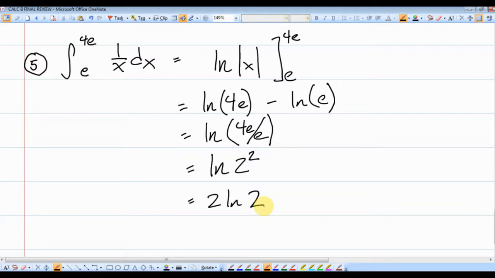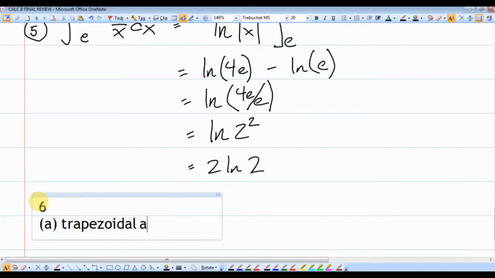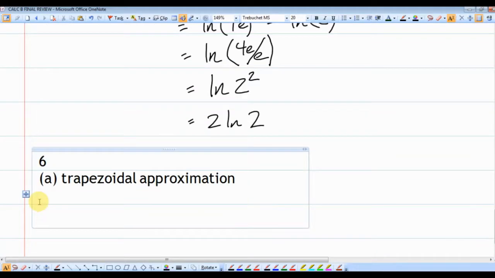Right, 6 is a 3-part question. Okay. 6, the first part is a trapezoidal approximation. Okay, do we like doing this in the chart?